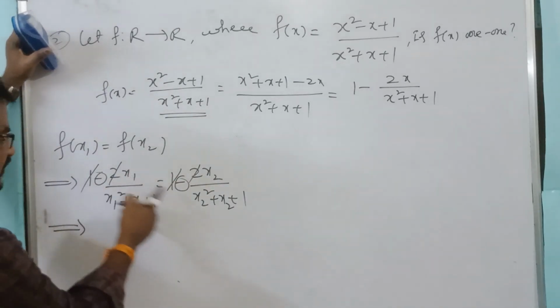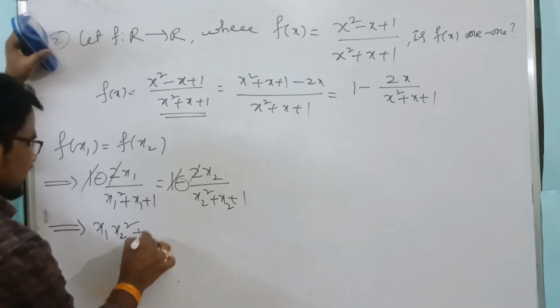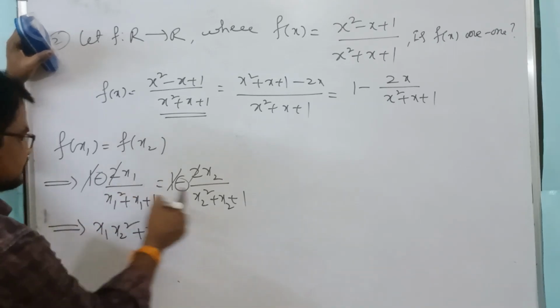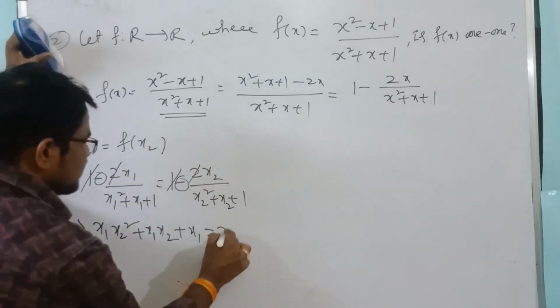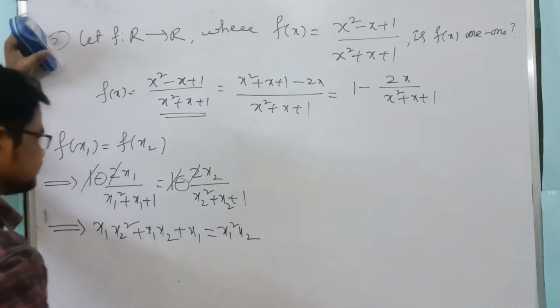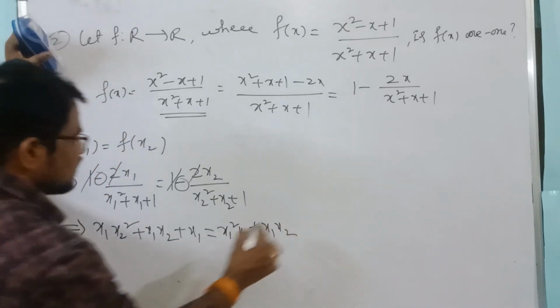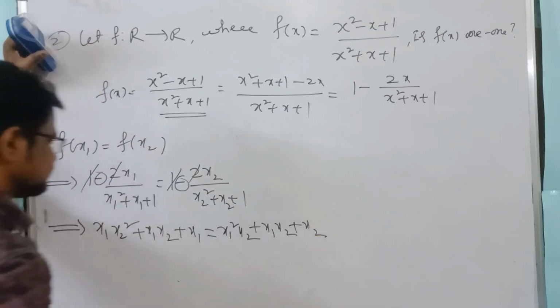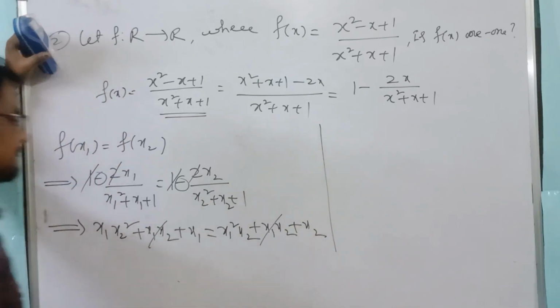That implies, multiplying, x1 x2 square plus x1 x2 plus x1 equal to x1 square x2 plus x1 x2 plus x2. Now here these two get cancelled, right?